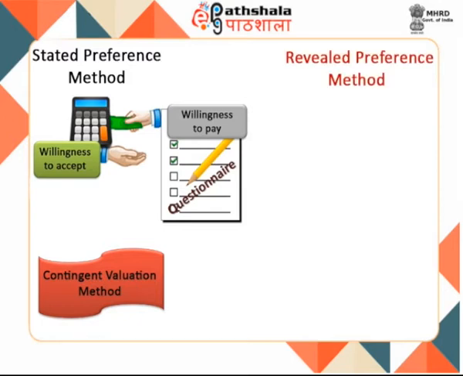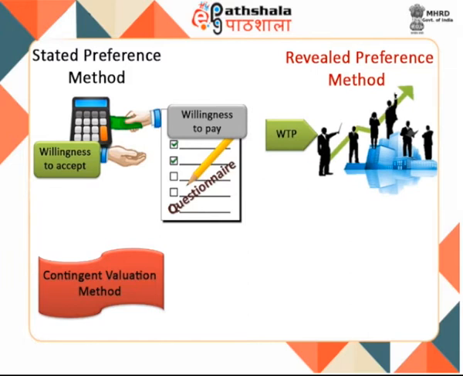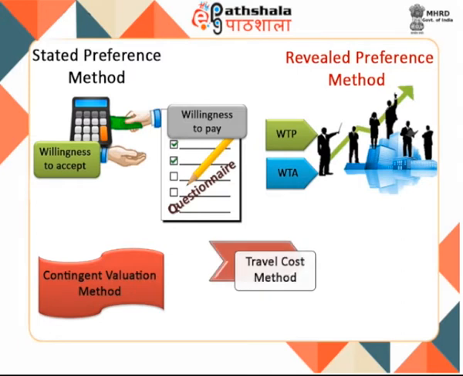Revealed preference method, on the other hand, infers WTP and WTA estimates on examining individuals' behavior in markets that are related to the environmental good. For example, travel cost method and hedonic pricing.